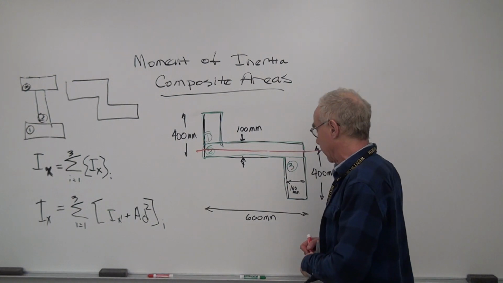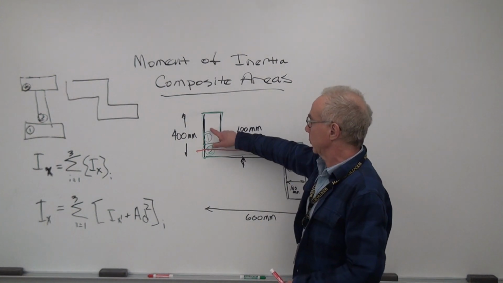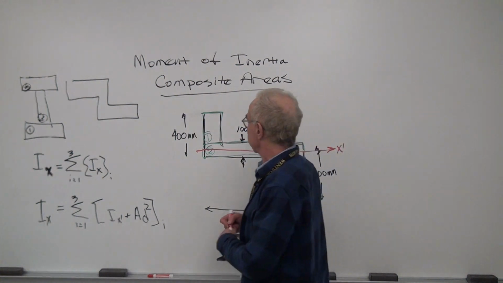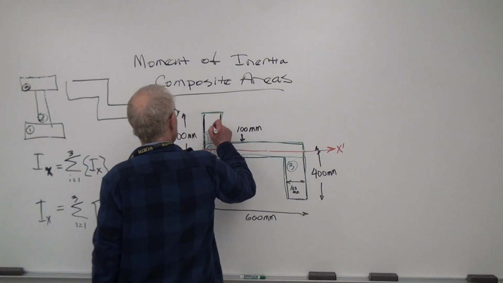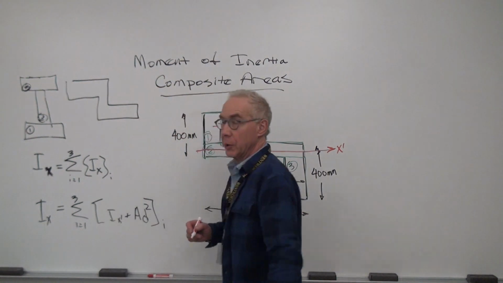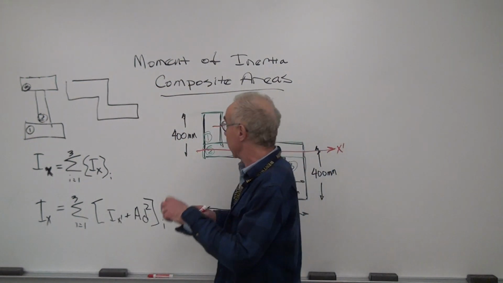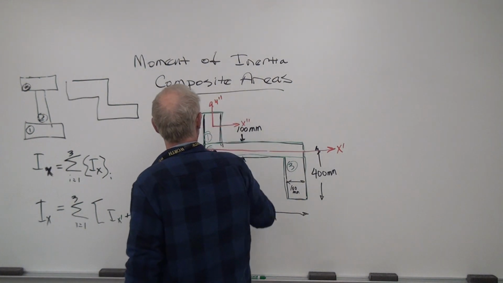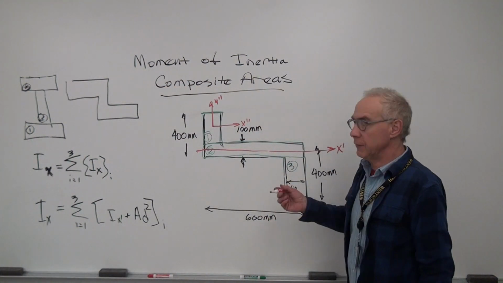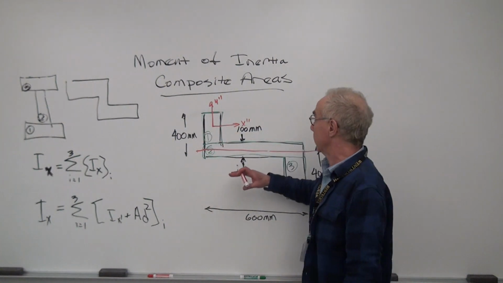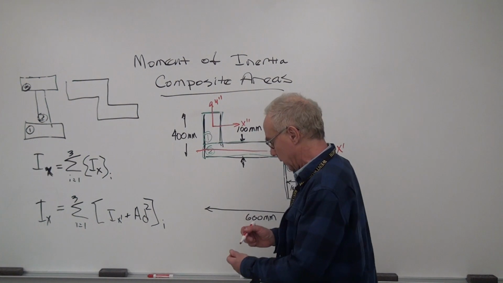So for example, the centroid through this one, this is a rectangle, is essentially just halfway up. So here we'd have an axis, this would be what we've been calling x prime prime axis. Here's our y prime prime axis. So the d value for 1, in other words d sub 1, is going to be this distance here.